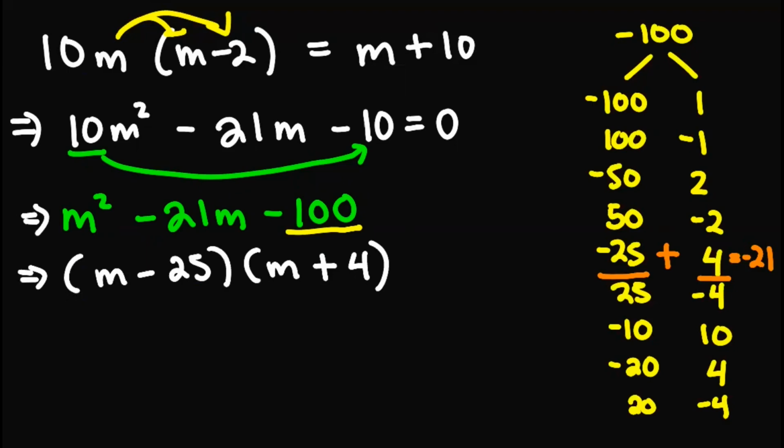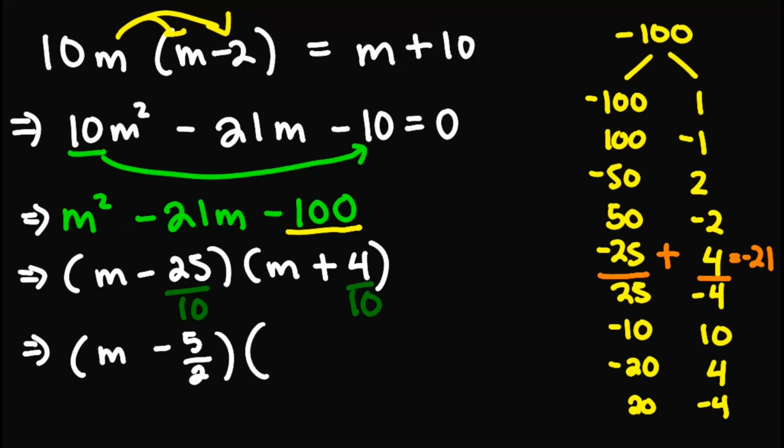So from the slide out here, the 10, we divide 10 out here to obtain m minus 25 over 10, which when simplified is negative 5 over 2. M plus 4 over 10 when simplified is m plus 2 over 5. We can now bring down the right side of the equation.